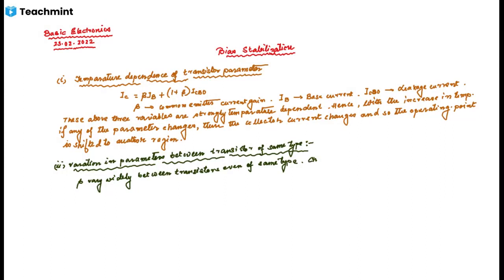So change in beta will shift the operating point in any undesired direction, or we can say undesired region.